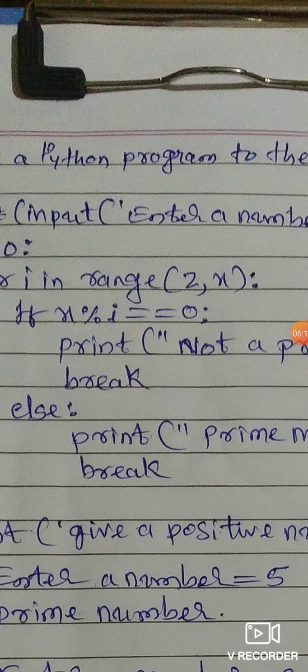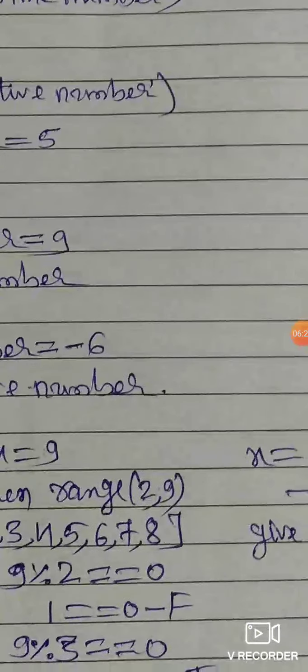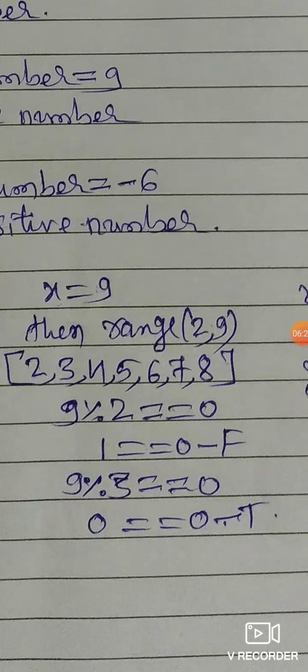Then in the for loop, the first statement is x mod i equal to 0. Here x equals 9, and the range values between are 2 comma 9, so the values are 2, 3, 4, 5, 6, 7, 8, up to 8.